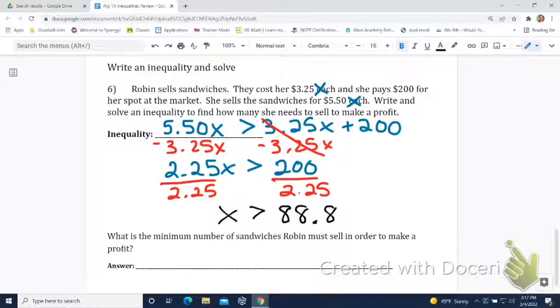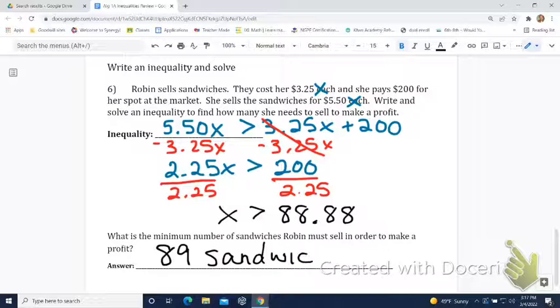I got a whole bunch of 8s. Now, is anybody buying a decimal part of a sandwich? No, right? People aren't buying part of a sandwich. So this says x is greater than that. So the minimum number of sandwiches she has to sell would be 89 sandwiches.